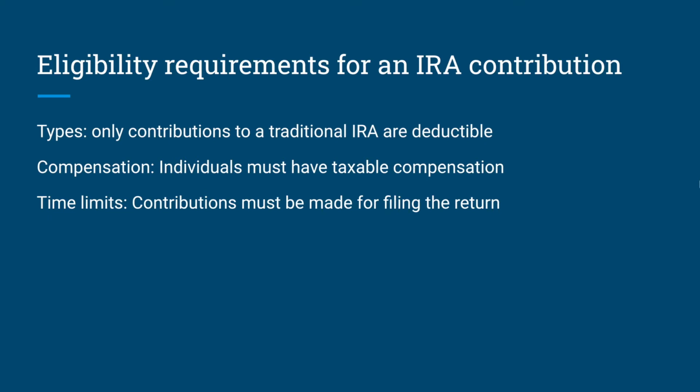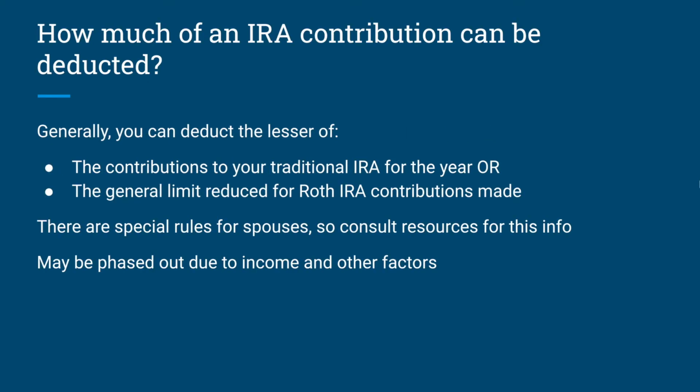So if you're making contributions to an IRA, but you don't actually have any taxable compensation, you cannot deduct it. And then lastly, time limits. The contributions must be made timely within filing the return. That's another important one to look at there, and there's more specifics on that within Publication 4012 as well, but those are the three main criteria that we see with regard to whether or not an IRA contribution can in fact be deducted as an adjustment to income.